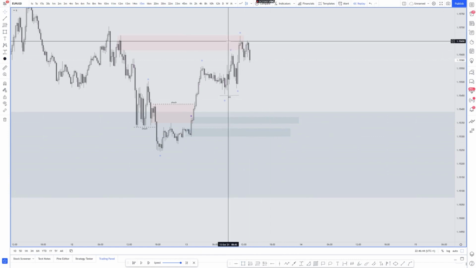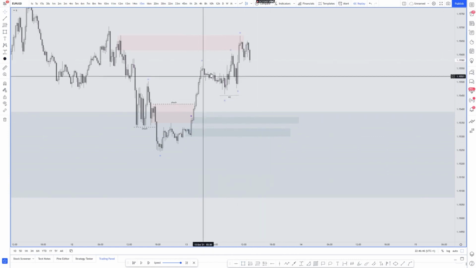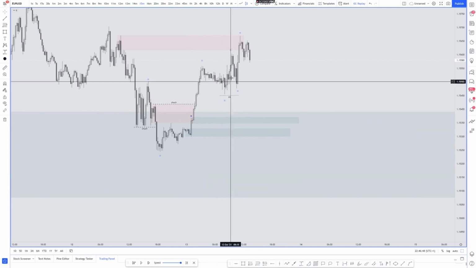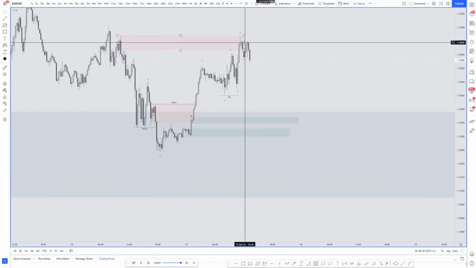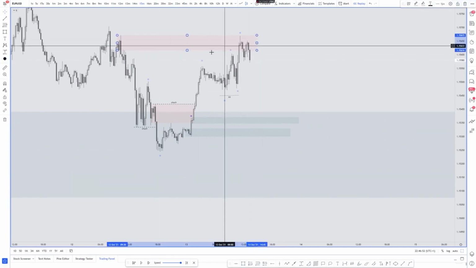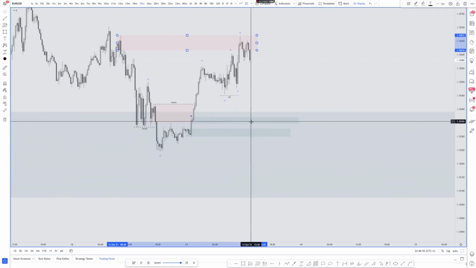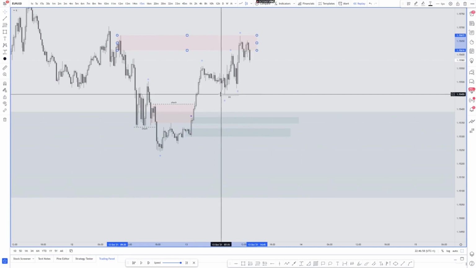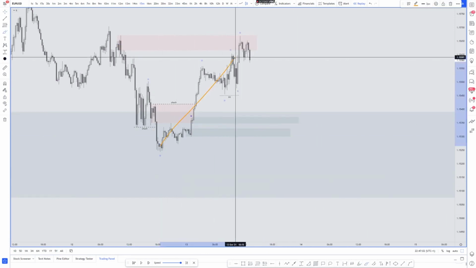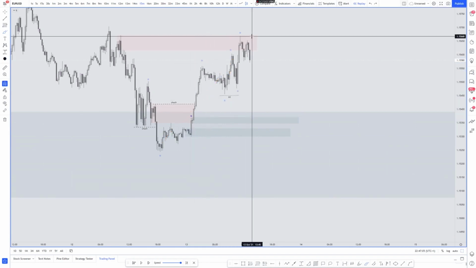So you have a form of a supply zone, but we also have liquidity here, or inducement. So it's very much so okay for this pair to turn bearish to come grab this liquidity. Keep in mind, right now, we are confirmed bullish.